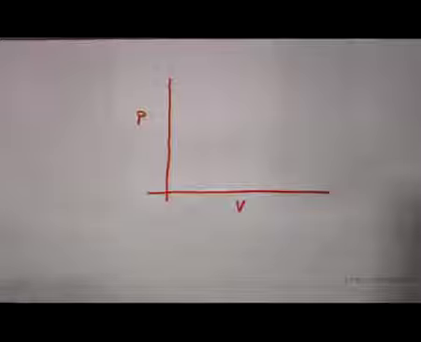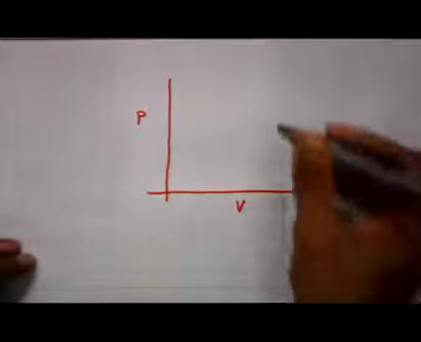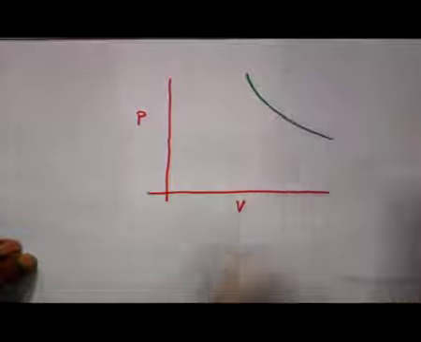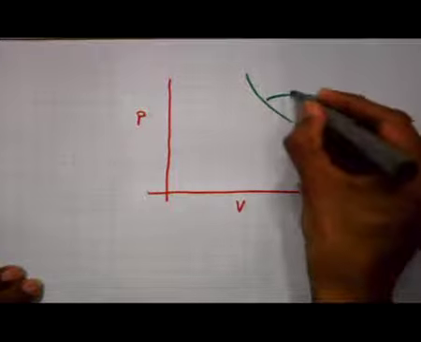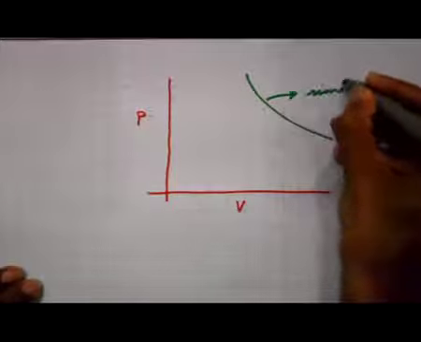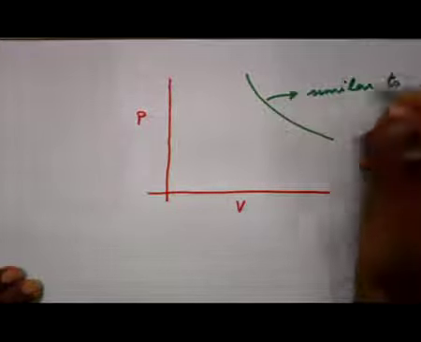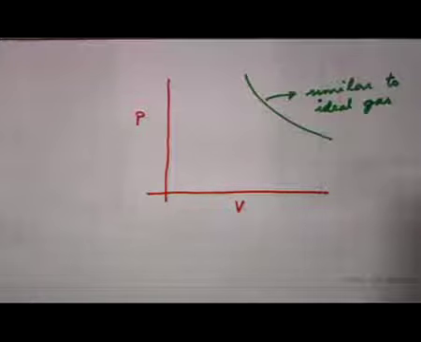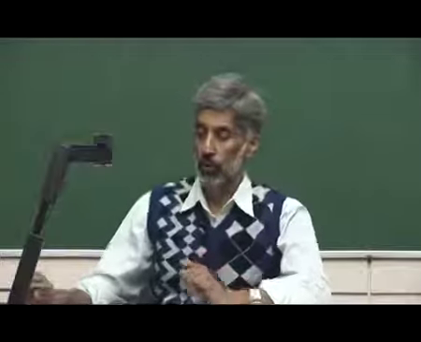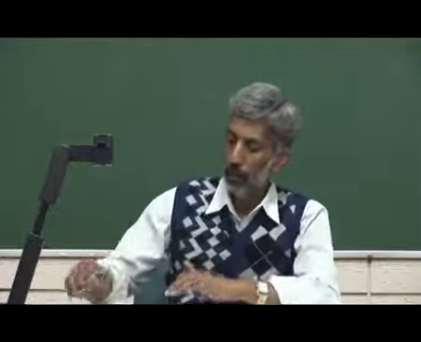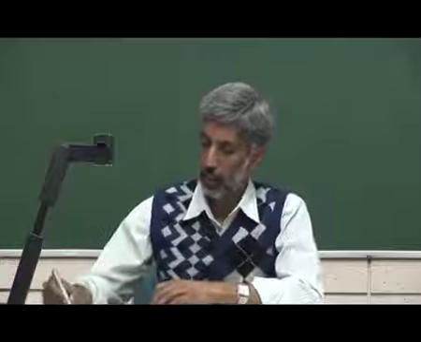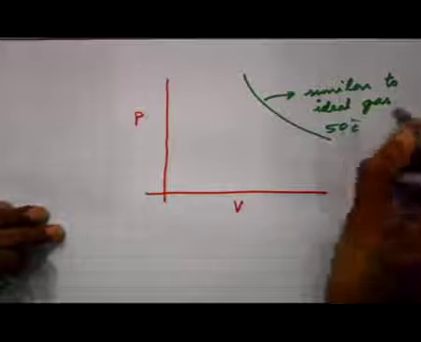Above 50 degrees the PV graph of carbon dioxide looks very similar to ideal gas behavior. If you looked at the details, it does not exactly follow the ideal gas behavior, P equal to some constant over V, but it more or less looks like this. Let us imagine this was done at 50 degrees Celsius.